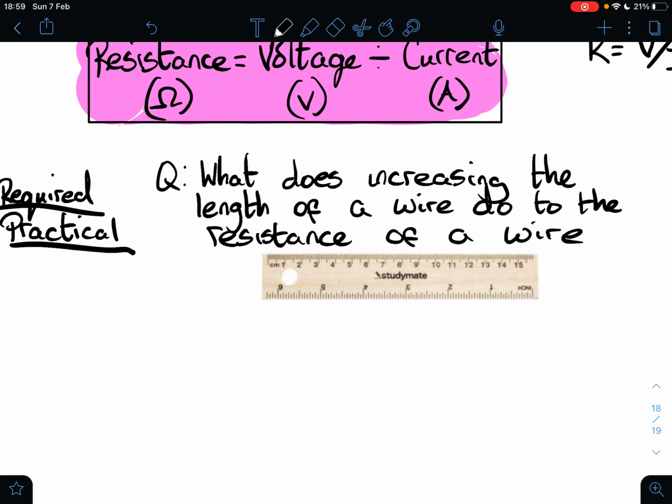So we're going to make a wire longer and we're going to measure the resistance and we're going to see what that does.